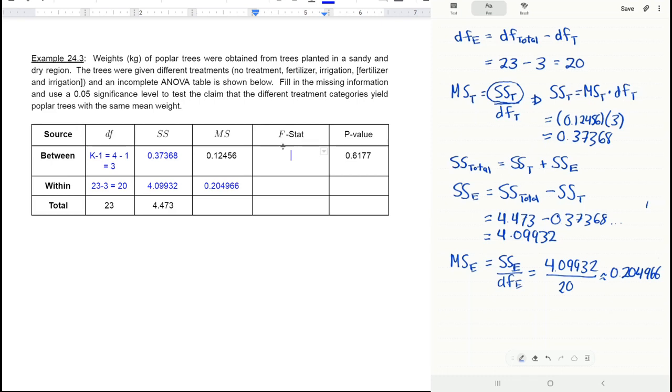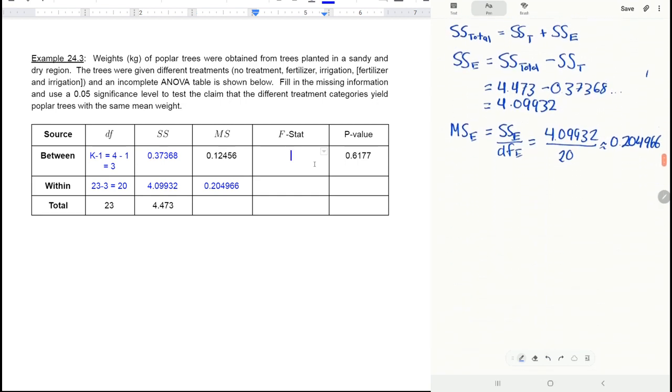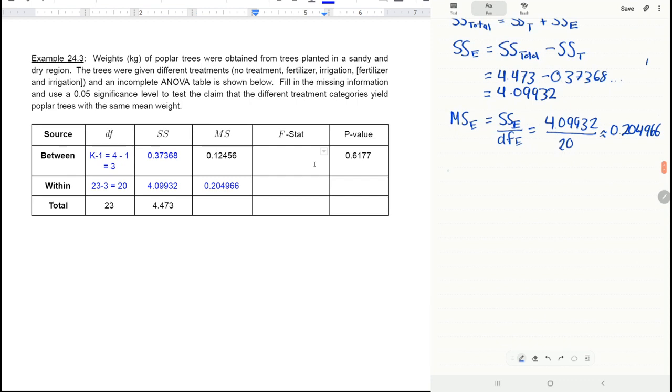And lastly, we can calculate our F statistic. Our test statistic is going to be the treatment mean square over the error mean square. So we have 0.12456 divided by 0.204966, and our test statistic is 0.6077.